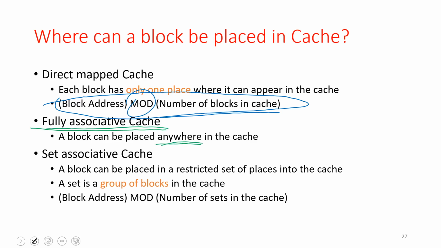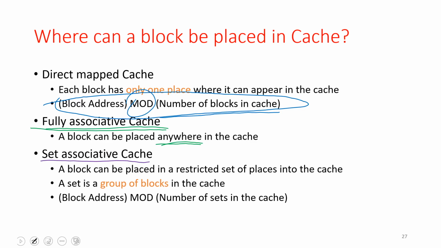The other approach is what is called a fully associative cache. Here the block can be placed anywhere in the cache. And a third approach is a set associative cache. Here they may be placed in certain places, so it's sort of in between direct and fully associative.